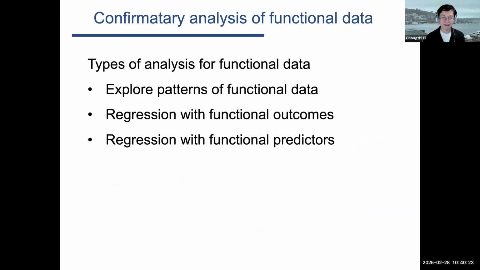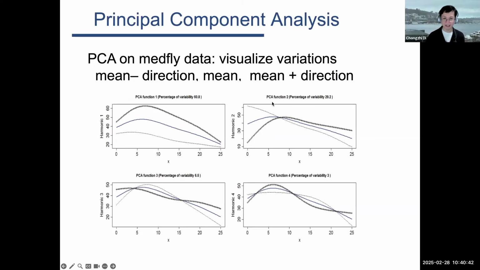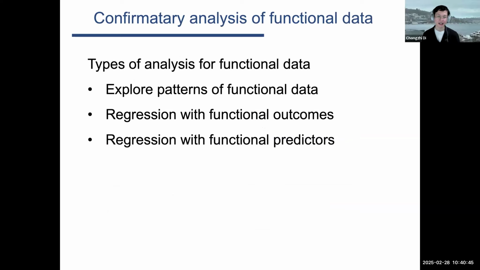The next is the final part: what type of analysis can we do with this type of data? Generally speaking, we may want to explore patterns of the functional data, or variations among trajectories, and we might want to do some regression analysis.